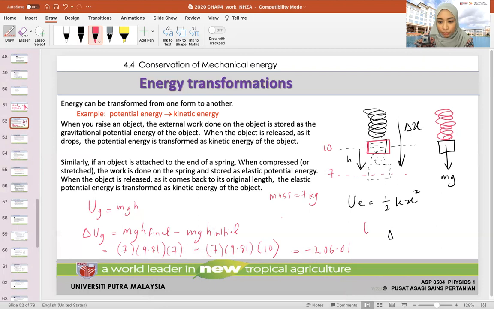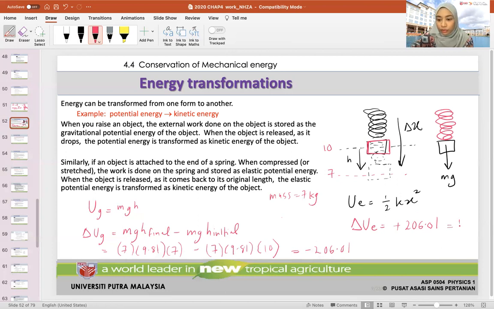So the spring's change in UE will be positive 206.01. It will become positive. It will take the loss of energy and make it its own.